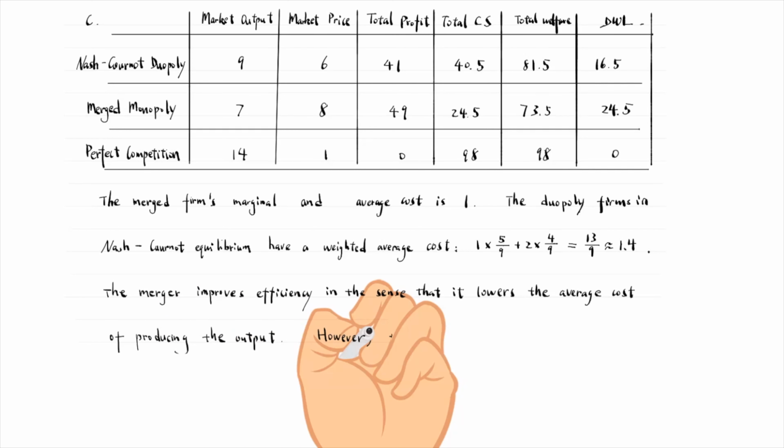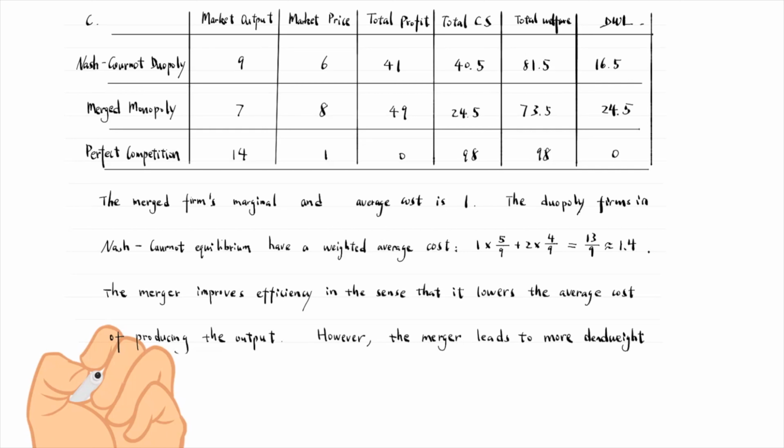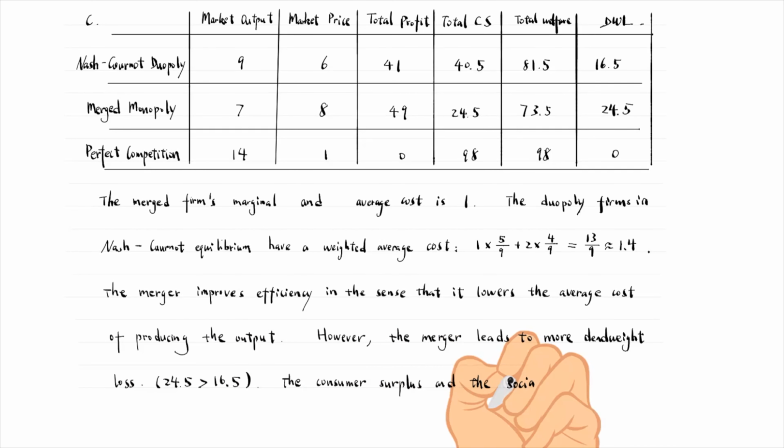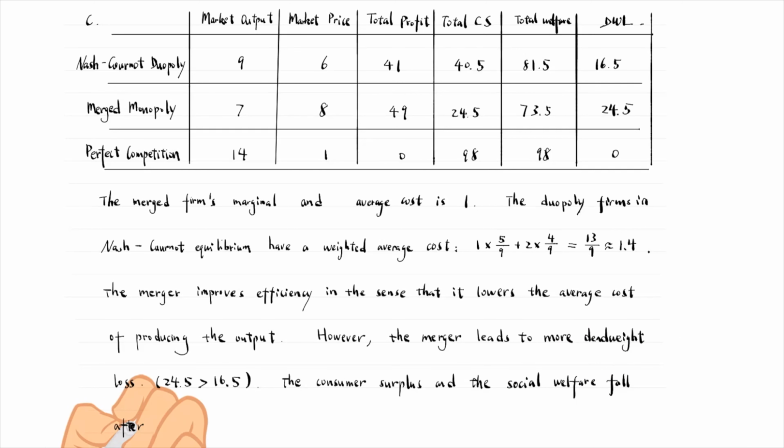However, the merger leads to a higher market price and more deadweight loss. The consumer surplus and the social welfare fall after the firms merge. It is the trade-off between efficiency and market power.